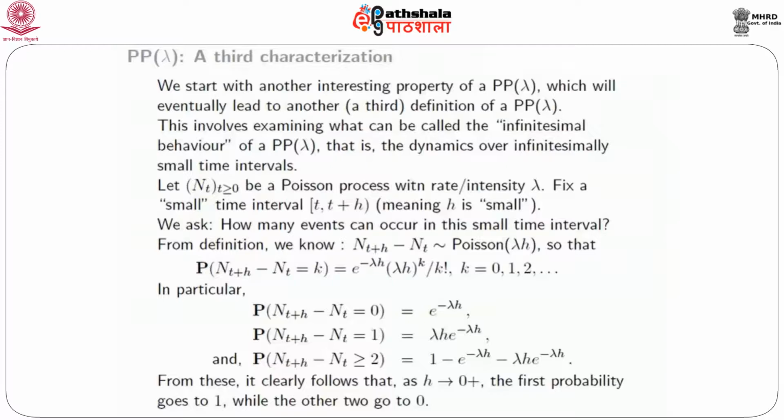From definition, we know that the number of events or arrivals during this interval t to t plus h is given by N_{t+h} minus N_t, and that is a Poisson random variable with parameter lambda h. So that we know it can take any value k with probability e to the power minus lambda h, times lambda h to the power k, over k factorial, for all k.